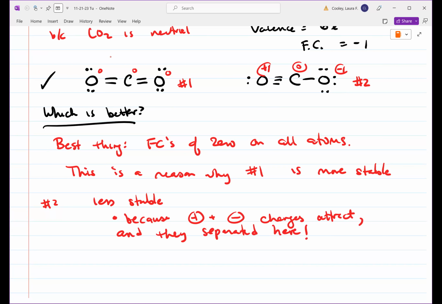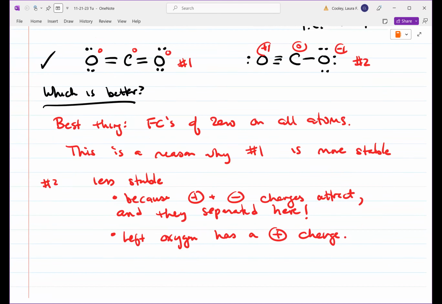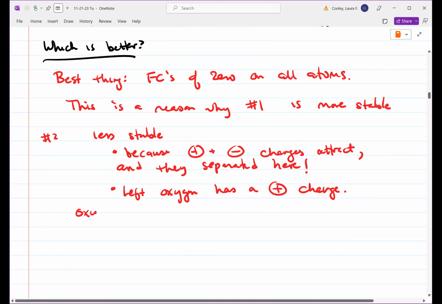But another reason is we have an oxygen, the left oxygen has a positive charge. Now, what do you know about oxygen in terms of whether it likes having electron density near it or not? You know because of the electronegativity chart and what you know about ionization energy, electron affinity.